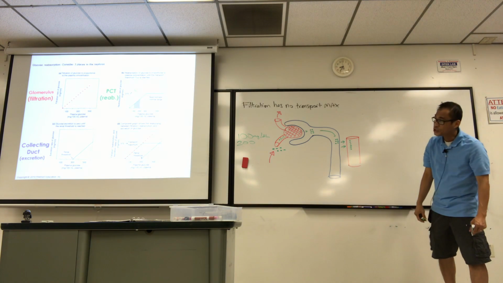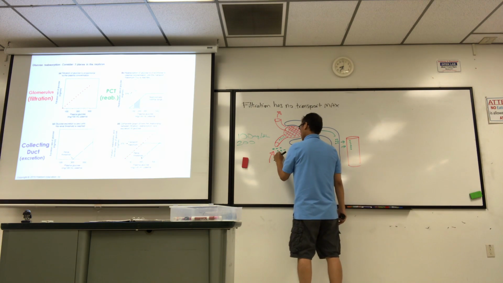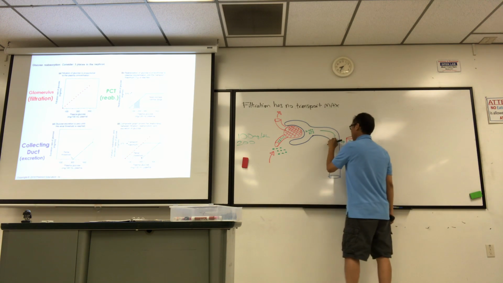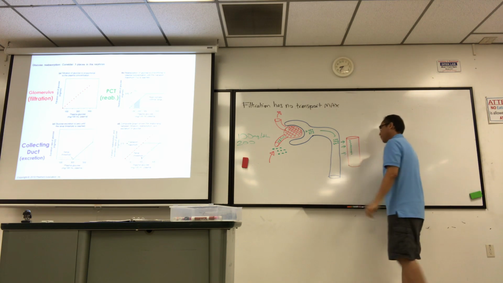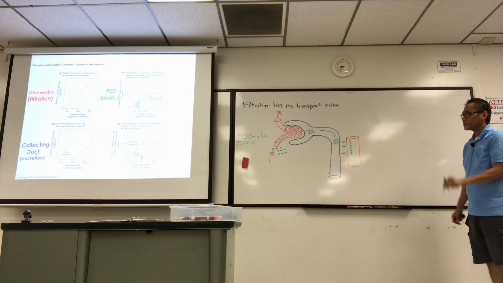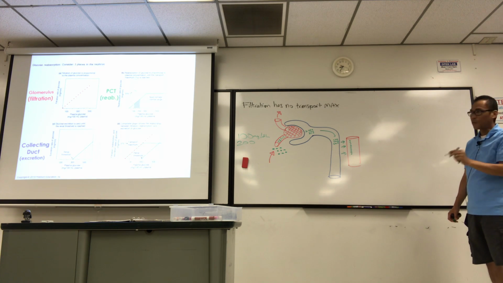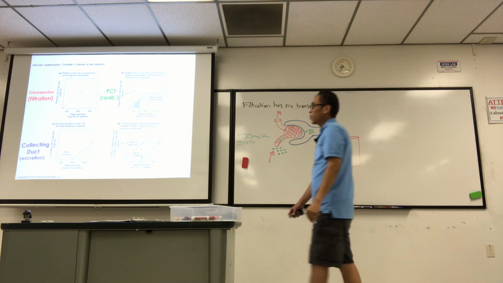However, if you reach threshold, say for example 300, you just keep on going. You're still at the point where you're getting it all, but this is the threshold. This is standing on the edge of a cliff you're about to step over. One more step over, one more tick, and you'll see sugar in the urine.